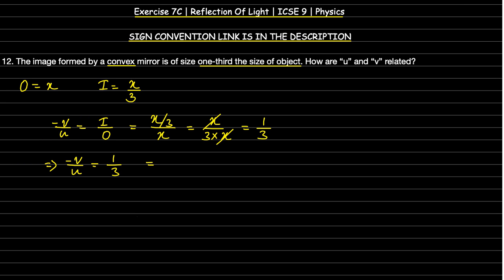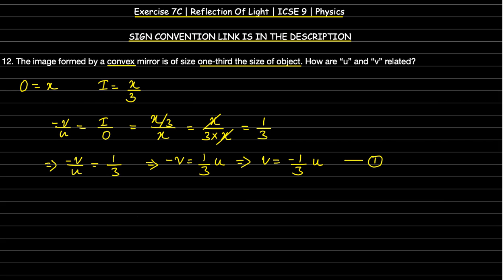So we can actually write minus V is equal to 1 by 3 and U comes to this side, U. If we multiply the entire equation by minus 1, we get V is equal to minus 1 by 3 U. So this is how V and U are related. Or there's one more way of doing it. If I take all these things to the other side, let's get an equation. So this is, let's call it equation 1. So equation 1 is one of the answers.